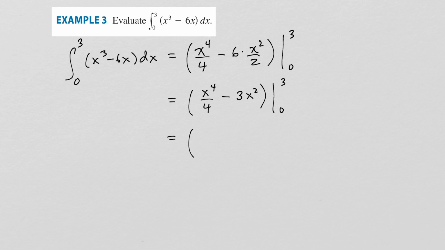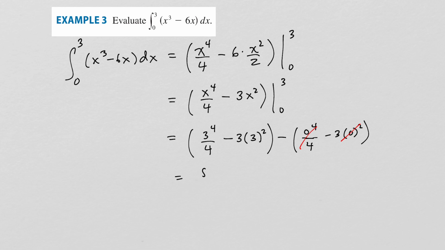And now we plug in the upper limit of 3 and get 3 to the 4th divided by 4, minus 3 times 3 squared, minus, and then when we plug in 0, we get 0 to the 4th divided by 4, minus 3 times 0 squared. Of course, both of these are equal to 0. And this is equal to 81 divided by 4, minus 3 times 9, which is 27. And we'll write that over 1.